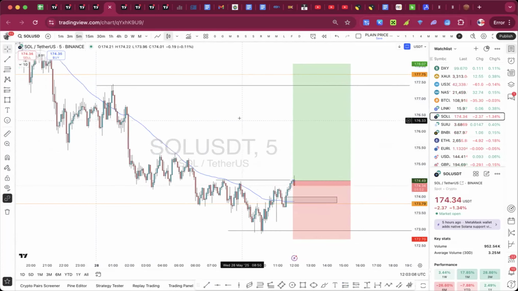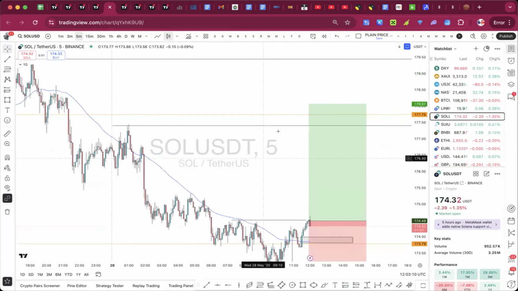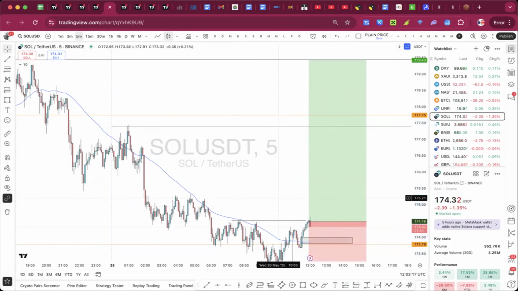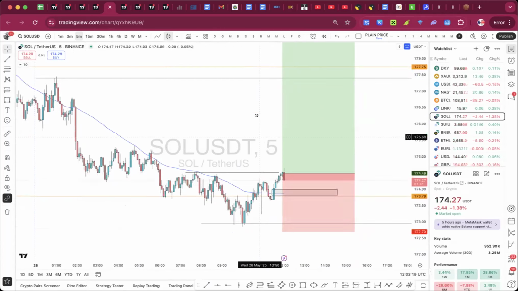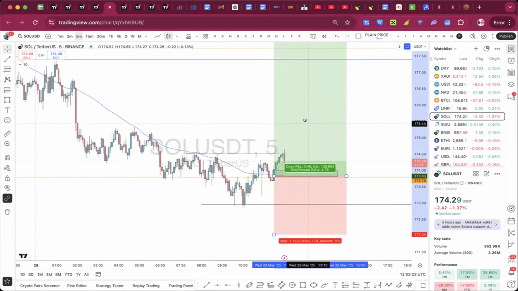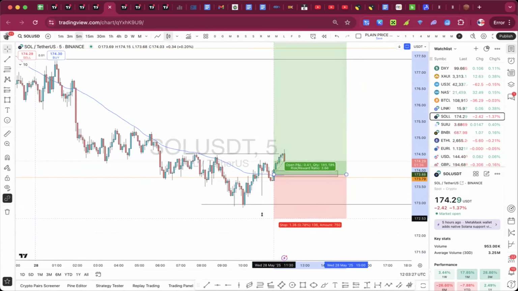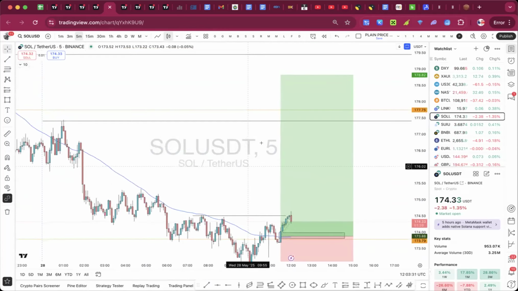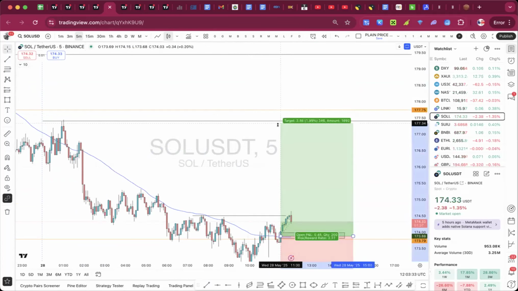Okay, because the time of you coming in is what differentiates the whole thing. So now, if I'm going to use my robot, I told you guys, it's going to come down to this point. So I should be finding an entry anywhere here. So my stop loss can be adjusted a little bit, so my 1:2 risk reward can be faster.